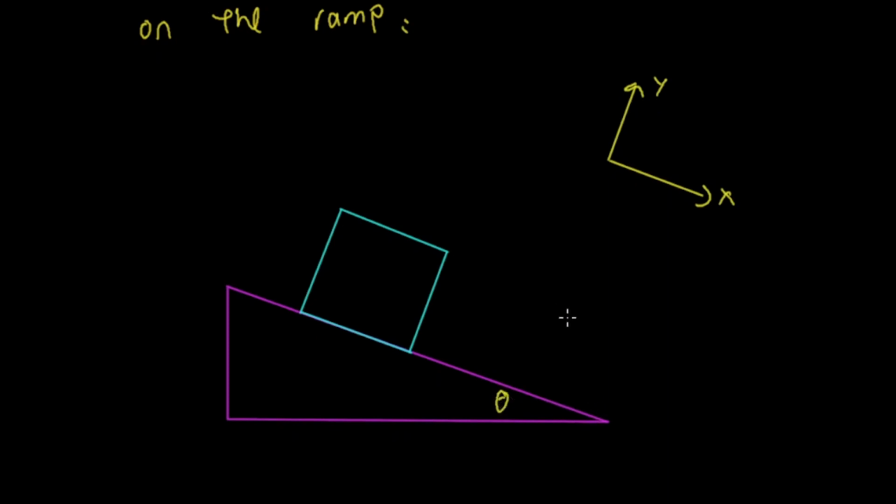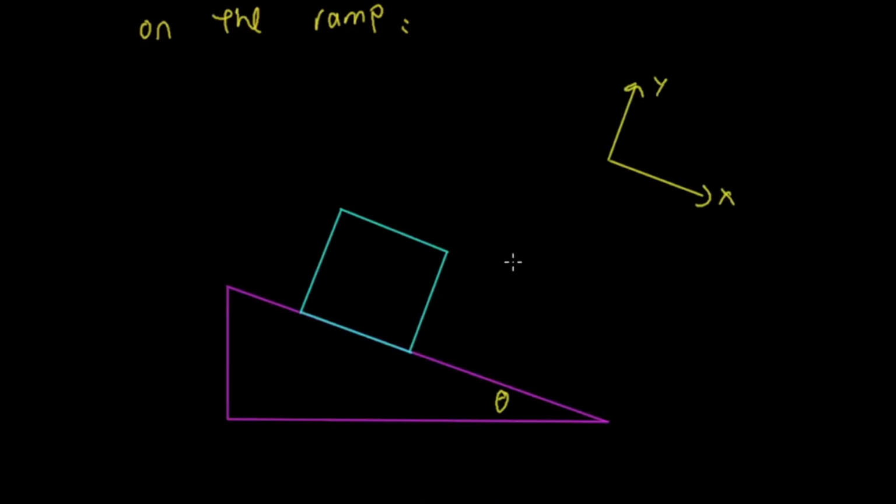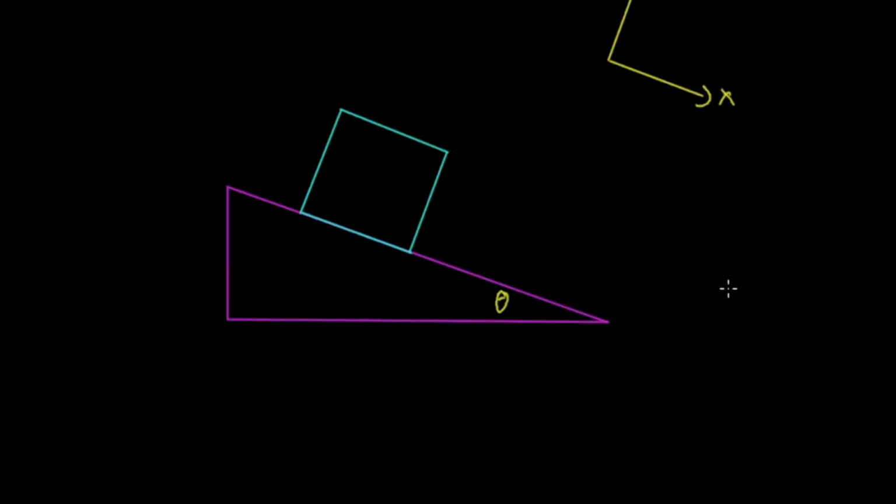Now draw all the forces acting on the block here. Now think about that. A force that keeps the block at rest on the ramp, that force could be friction force, right? That's keeping the block from sliding down the ramp. First of all, there's always a gravity force acting on the block, pulling downward, like this. Still F sub g.